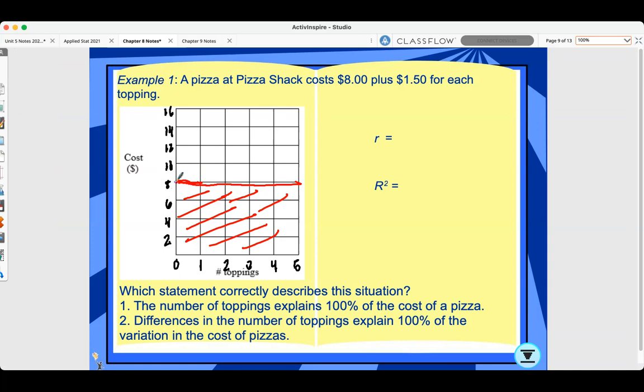So here it would be 0, and then it would be $1.50. For 2 toppings, it would be $3 additional dollars. So 8 plus 3 would be 11. Then another $1.50, and then for 4 toppings, that would be $6. So 8 plus 6 would be 14. So it would go up like this.